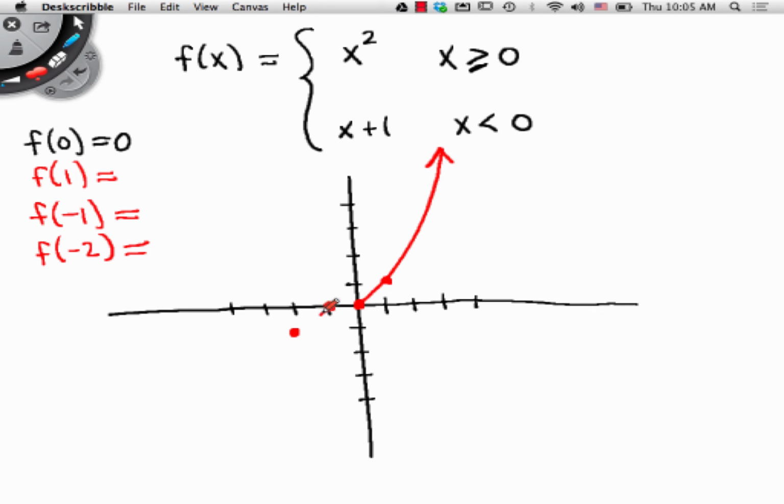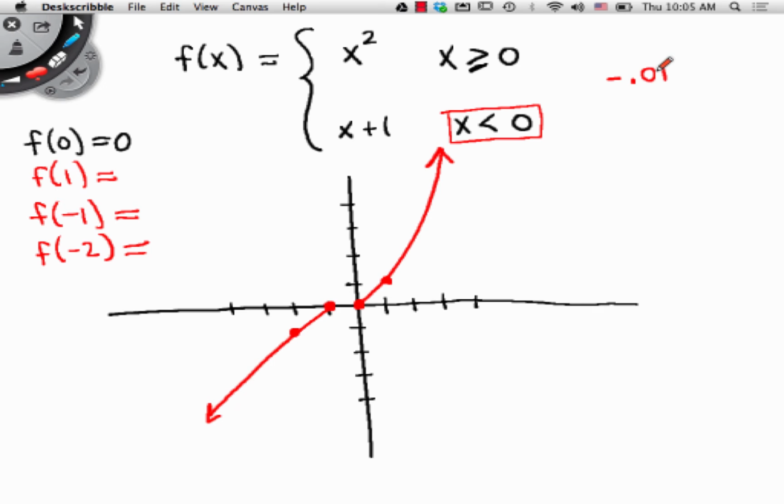So it's going to go in this direction, but I need to figure out what happens here. Does this condition allow me to put in 0? It doesn't, so that's why it's going to be an open hole. Because, for example, what about negative 0.01? Is negative 0.01 less than 0?